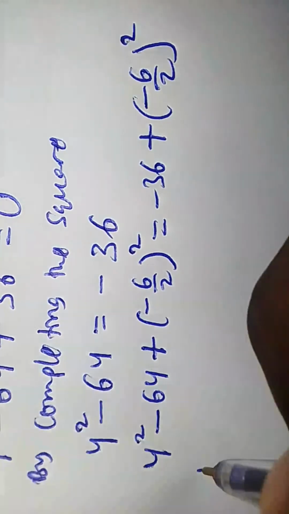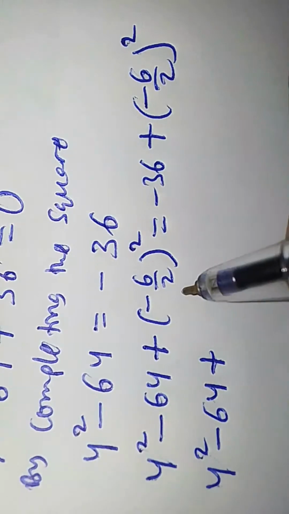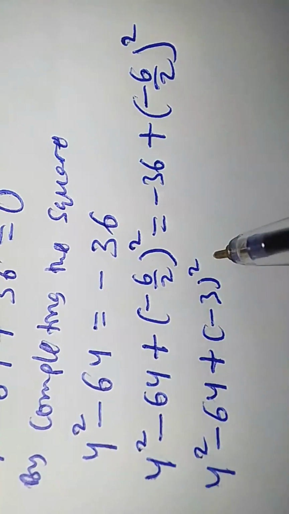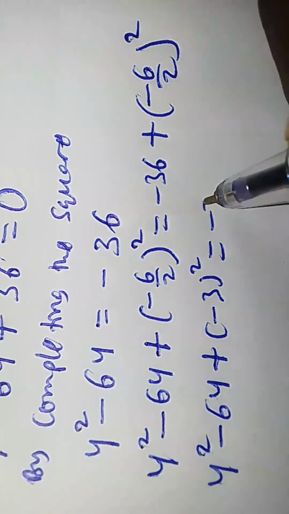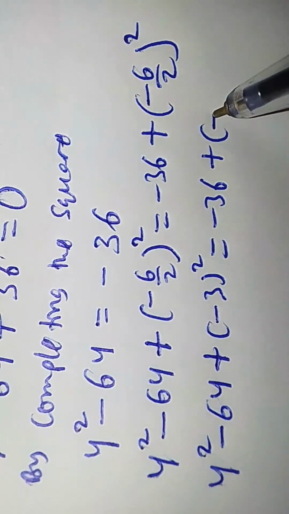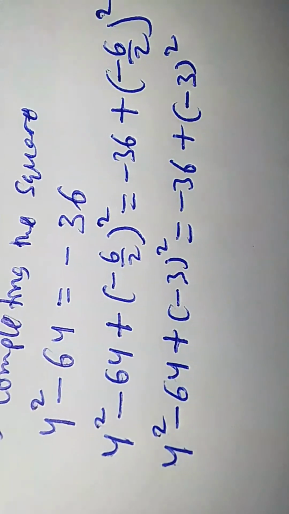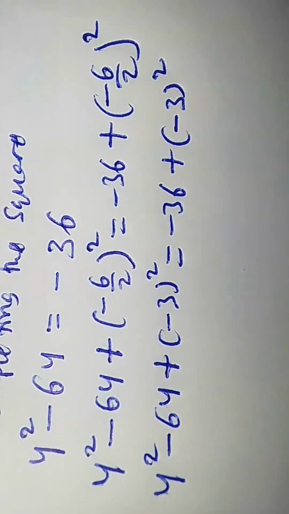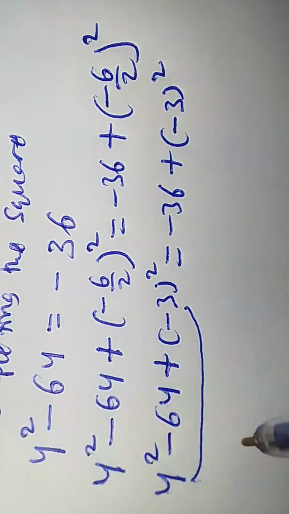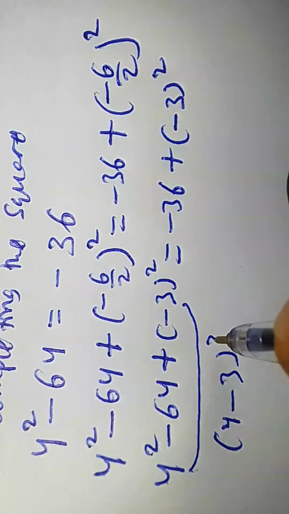Now we have y squared minus 6y plus minus 6 divided by 2, which is minus 3, squared, equal to minus 36 plus minus 6 divided by 2, that is also minus 3 squared. You will see that it is very possible to combine this left hand side, so that becomes y minus 3 squared.